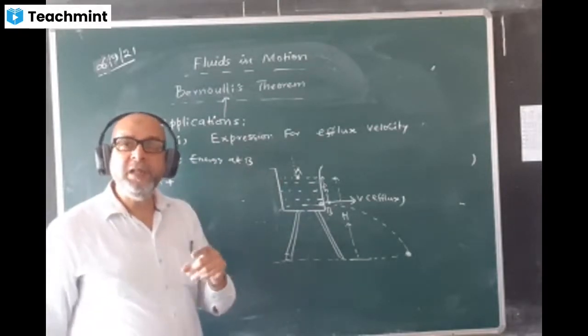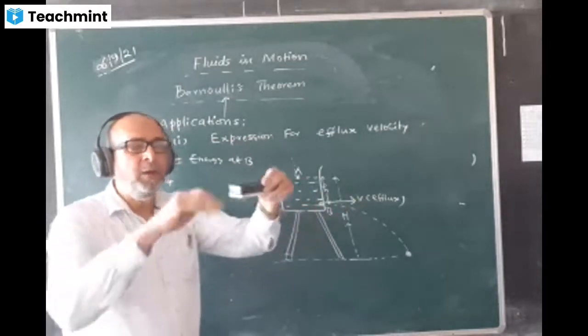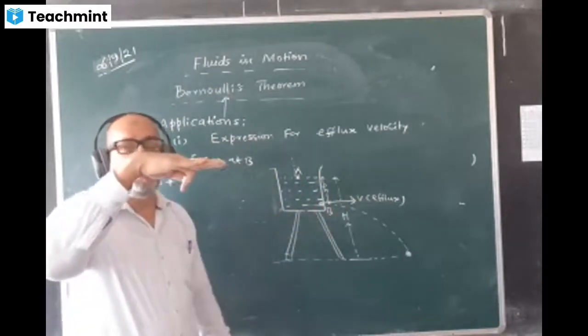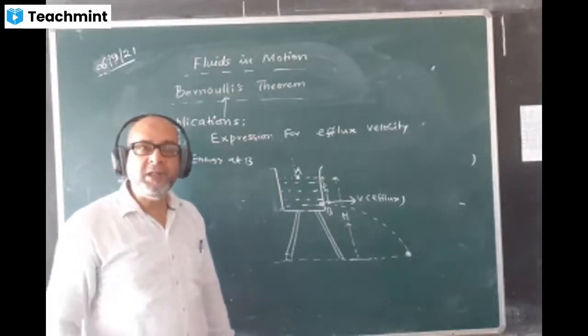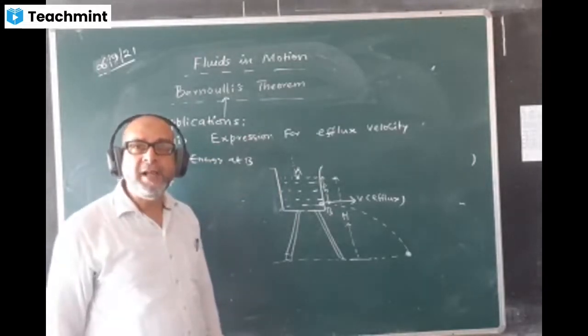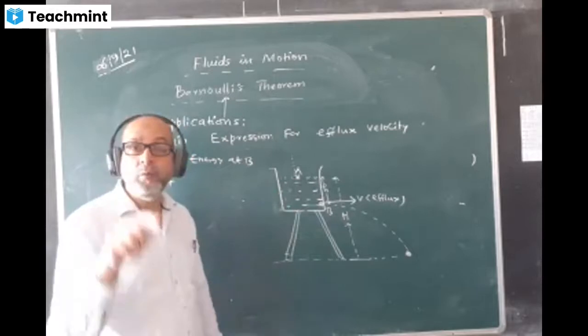It is nearly zero, because the water level will fall very, very slowly, as if it doesn't have any speed, or the speed is almost zero.